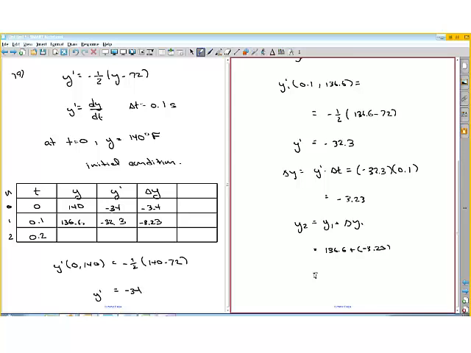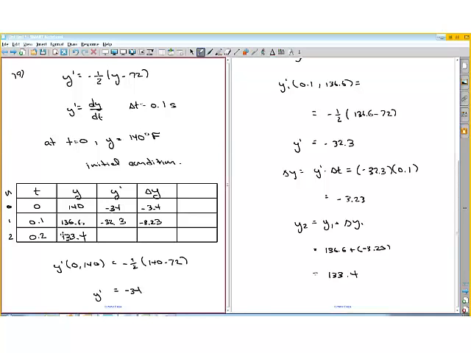So 136.6 minus 3.23 is 133.4. And then you can go to the next step, but this gives you the first couple of steps.